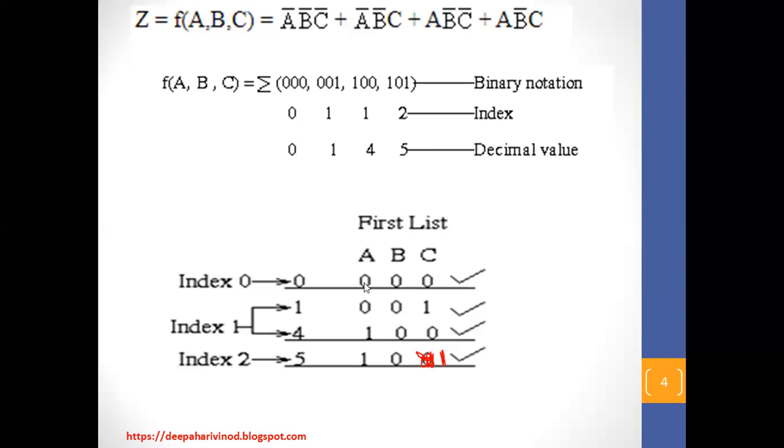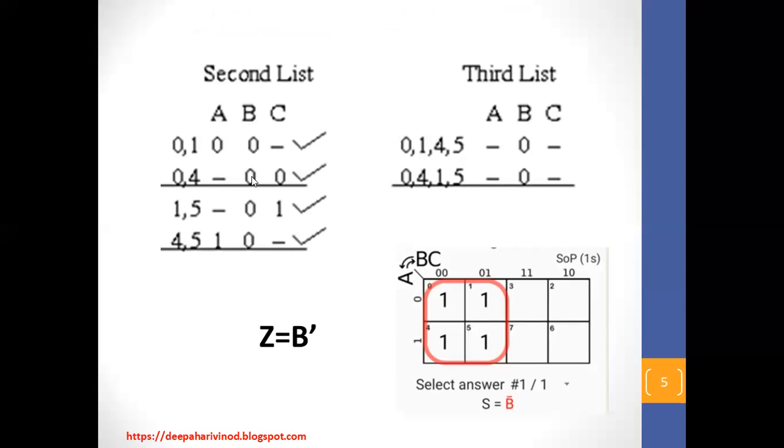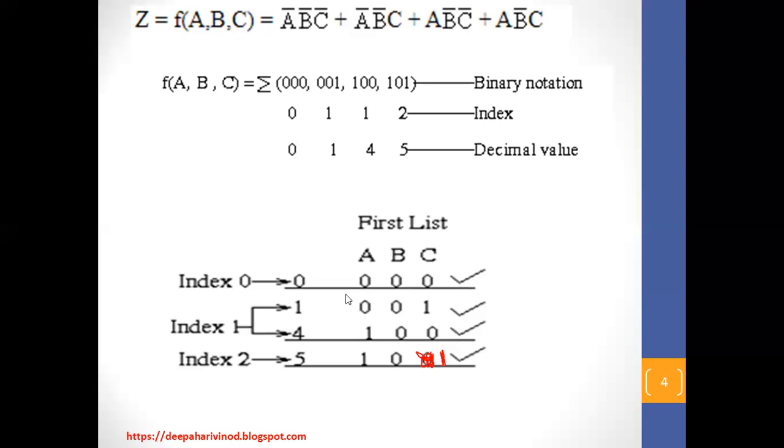The first bit has the change and the rest 2 are the same, so you will get a dash followed by 0, 0. Since 0 is compared with 1 as well as 4, we put a line there to show that we have completed the comparison of index 0 and 1.